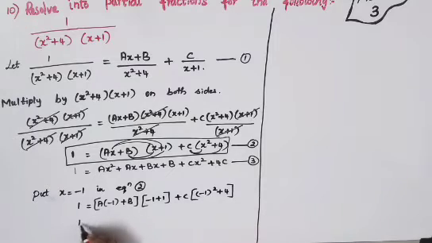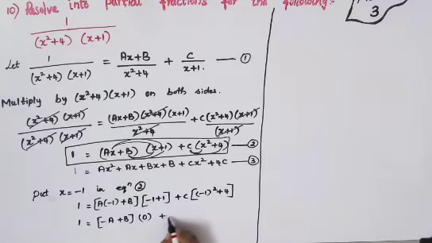So now solving, 1 is equal to, this is minus a plus b into (1 minus 1 is 0), plus c into (minus 1 square will become 1) plus 4. So 1 is equal to, this whole thing will become 0.